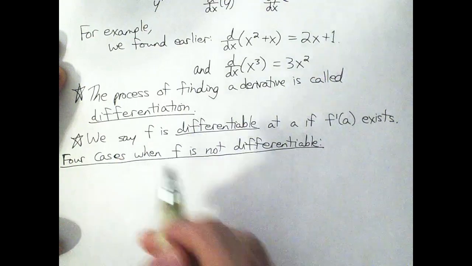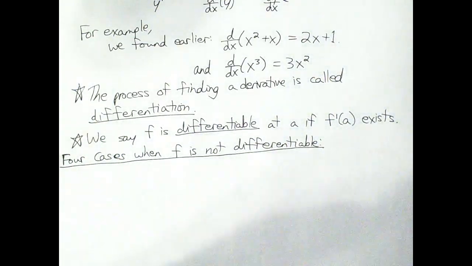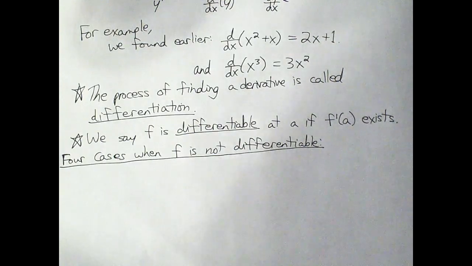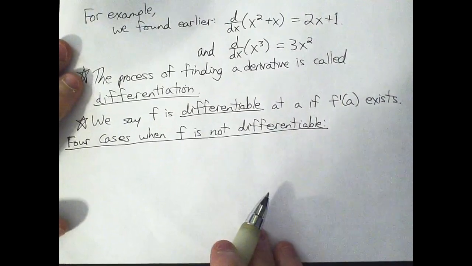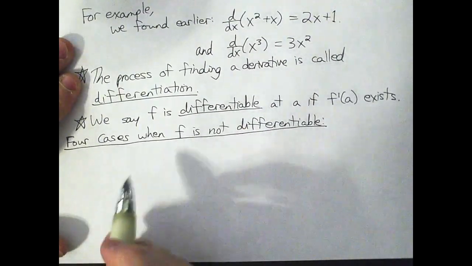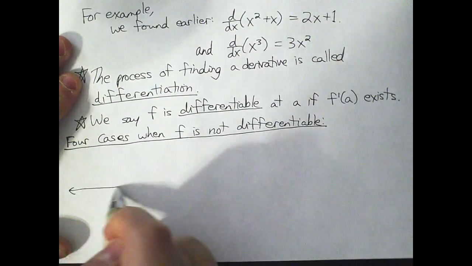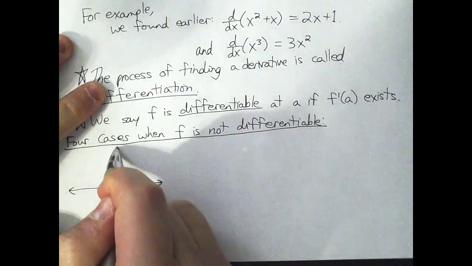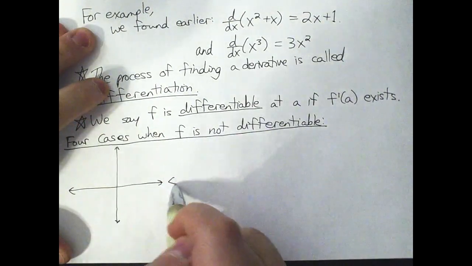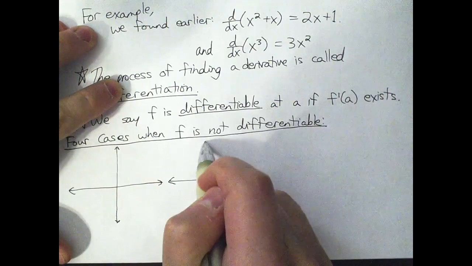So it's really just going to be certain problem points, certain problem areas where something might not be differentiable. Okay, let's try to leave room for 4 little sketches. They don't have to be big, we're just going to get the rough idea.